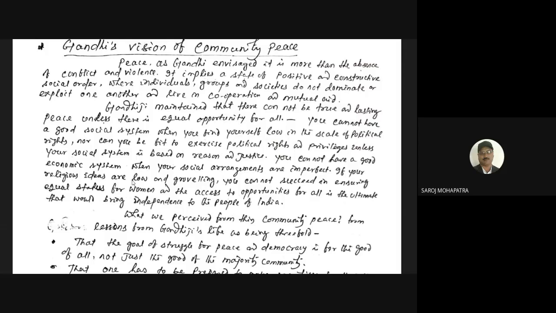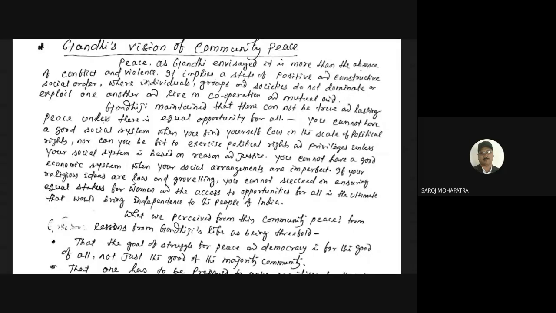So Gandhiji's idea is that community peace can be achieved as and when all the people of that area achieve equal opportunity for all.